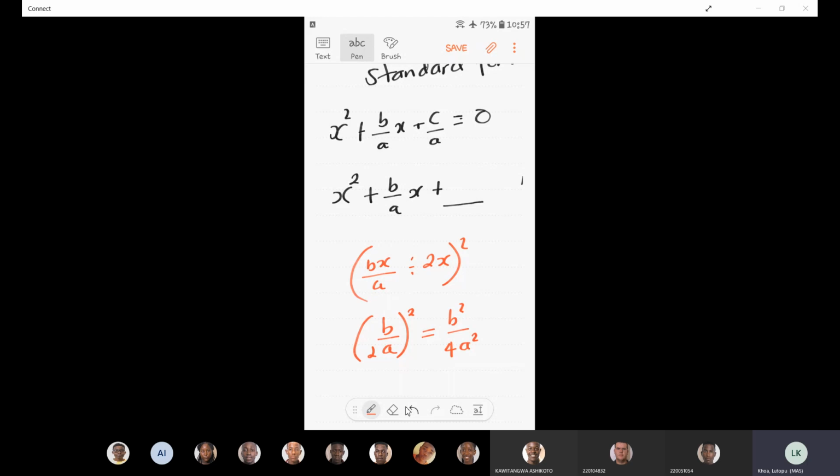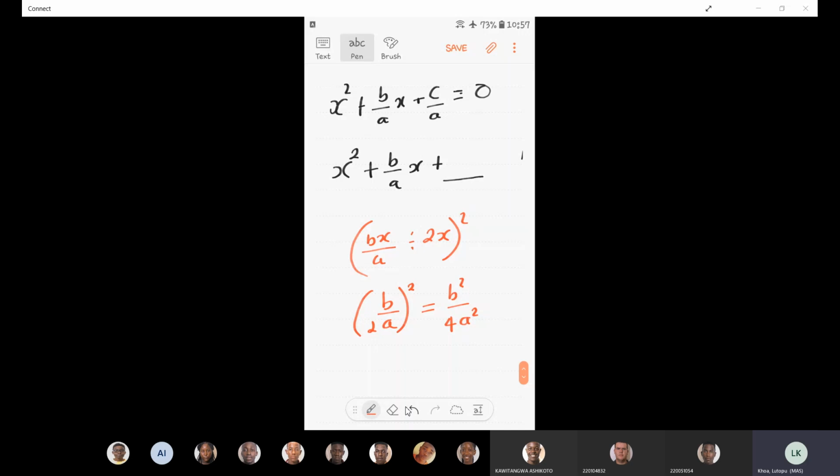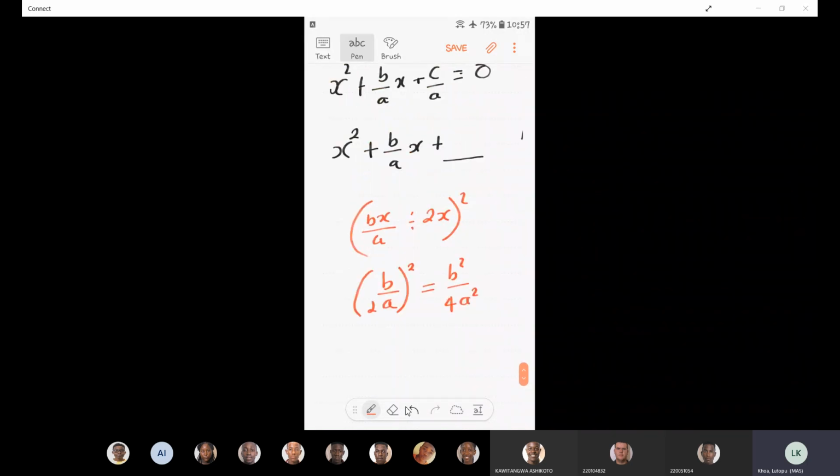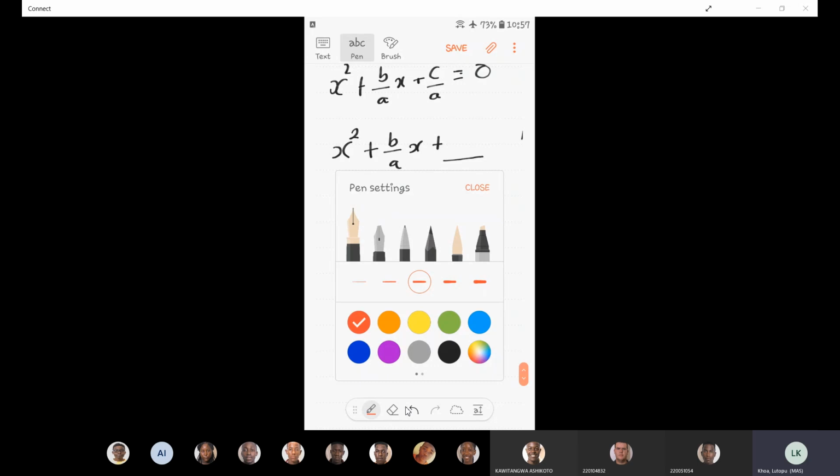So you're going to add it and also subtract it. I know some of you will just complete the square without adding or subtracting, like you skipped some steps, but we're doing exactly the same thing. So if you remember how we did it, go ahead and do it in that way. So let me just write it here so I have more space.